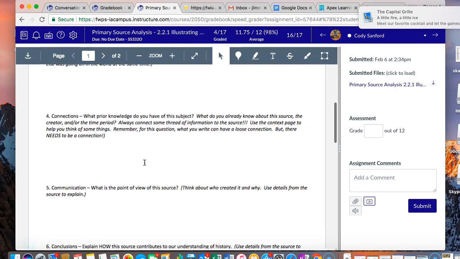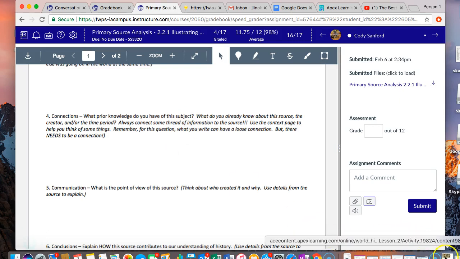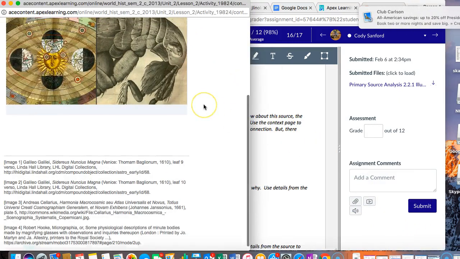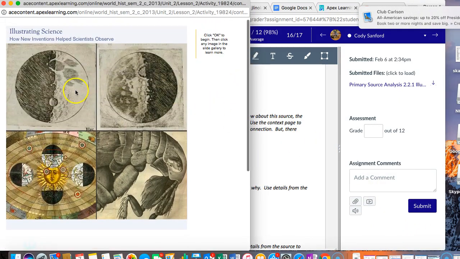Okay. Now, connections. What prior connection do you have of this subject? Now, you can almost put anything here as long as it connects to the source. So, for example, what could you tell me? What do you already know about the moon? What do you know about astronomy or space?